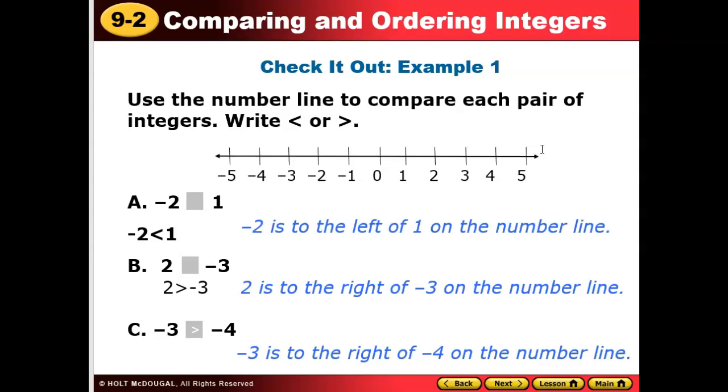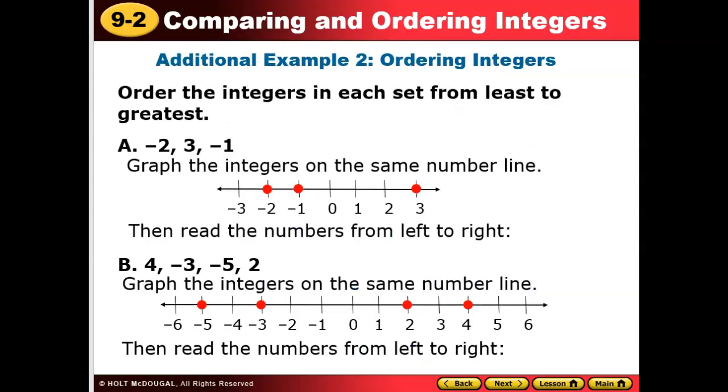And then the next thing we're going to do is we're going to be ordering them in this lesson. So if you look at the numbers they give you in this group 4A, the directions say to order the integers in each set from least to greatest. So if you're given some integers, this is where a number line would help.